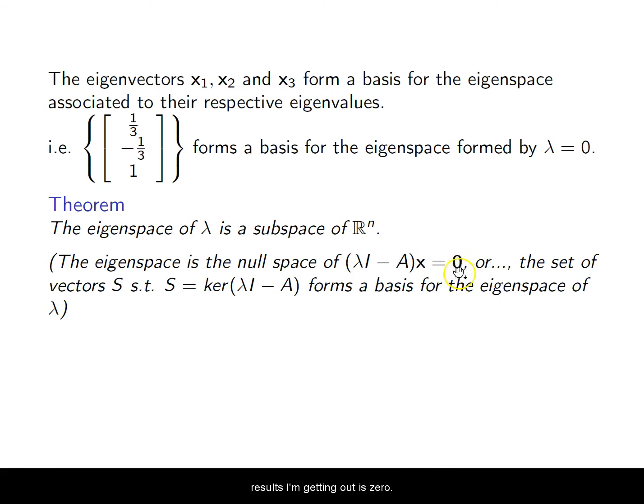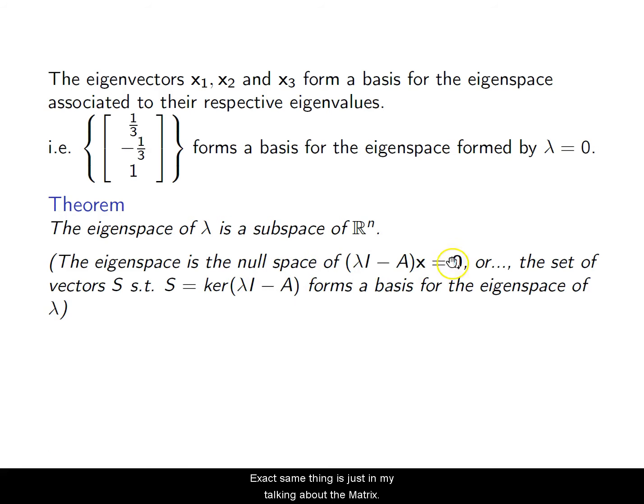Since that result is 0, all the vectors that work under this transformation are in the null space. For a transformation, we don't call it null space, we call it the kernel. So in terms of matrices, it's a null space. In terms of transformations, it's the kernel. Kernel and null space are the exact same thing.